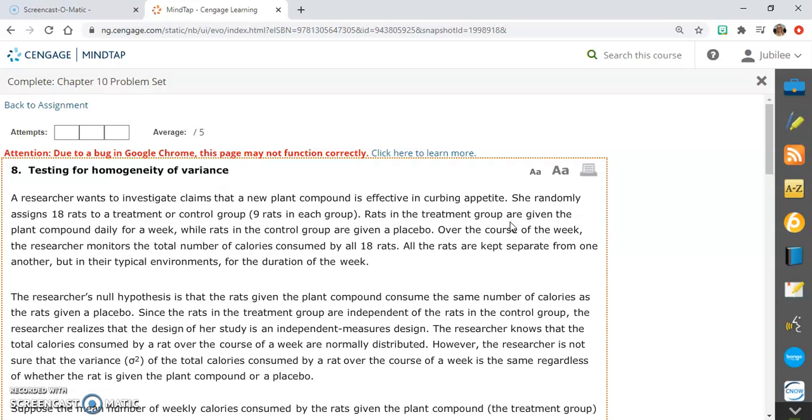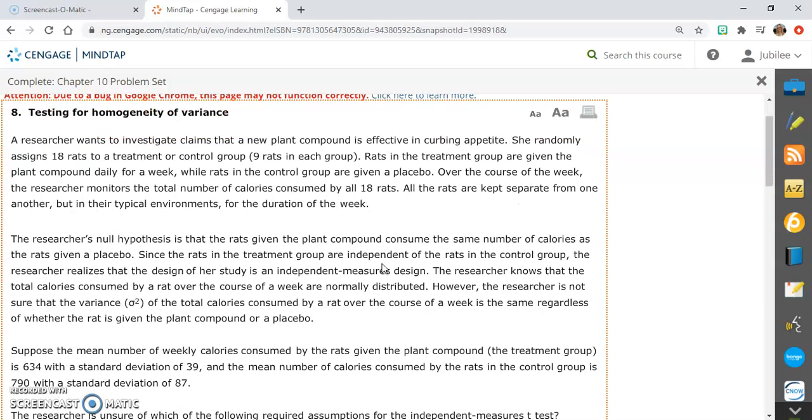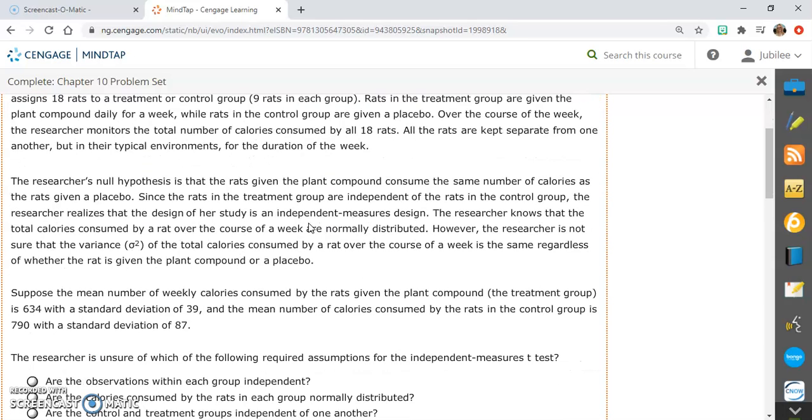The rats in the treatment group were given the plant compound daily for a week. The control group rats got a placebo. The researcher monitored the total number of calories consumed by all 18 rats. All the rats were kept separate from one another, but in their typical environments for the week. Okay.